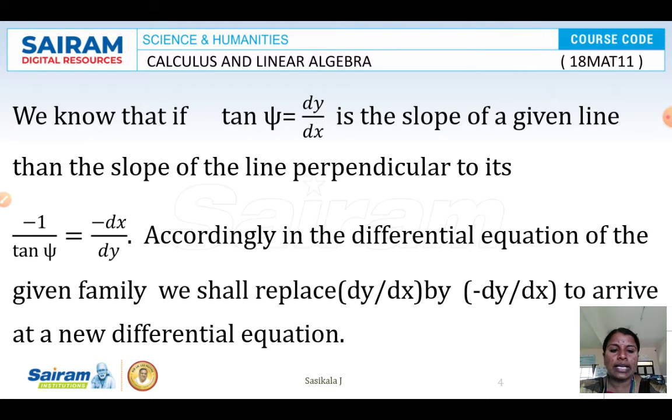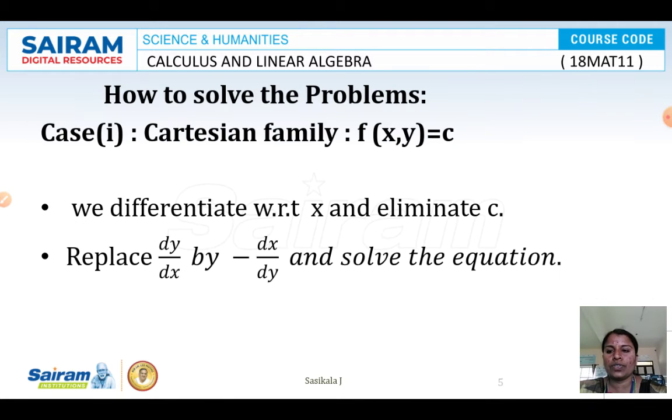So in the differential equation of the given family, we replace dy by dx with minus dx by dy to arrive at a new differential equation, and then you can solve it. So just differentiate with respect to x, eliminate c, replace dy by dx by minus dx by dy, and solve the equation.